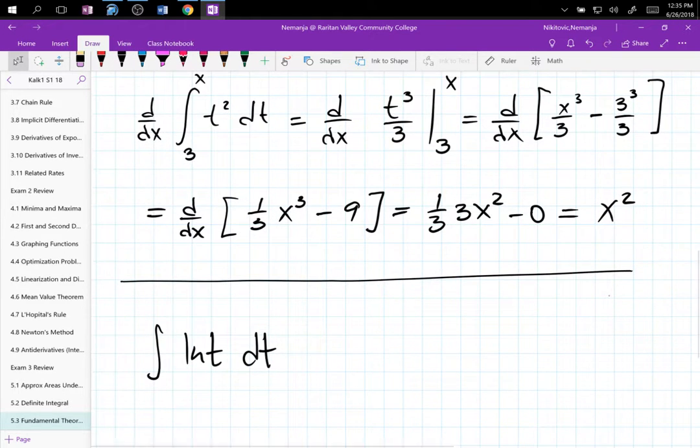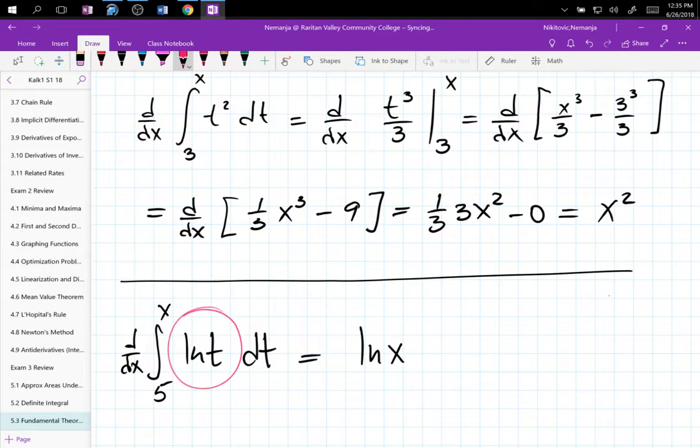That's a Calc 2 question. But if you see this in the setting of the fundamental theorem of calculus, you will just say, oh yeah, it's ln x. That's it, just move along. You literally Control C, Control V, and then you replace t with x and you're done.